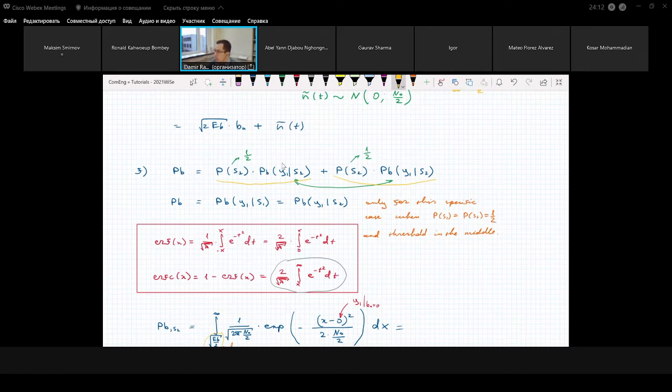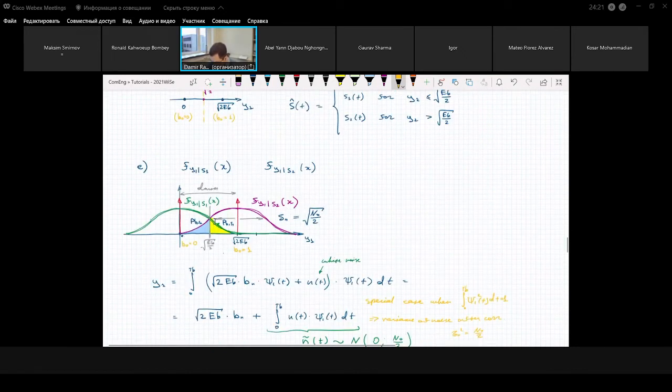Just imagine the situation if you flip these two probability density functions, so this is what you get when you transmit S1, and this is S2. Then wherever you place the threshold, you will always get the highest possible error.